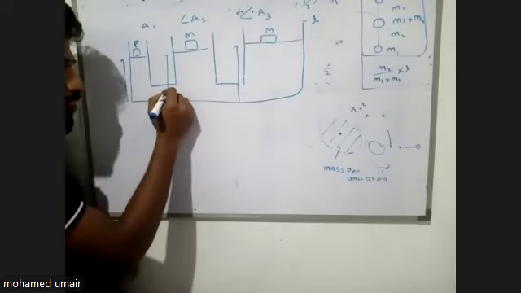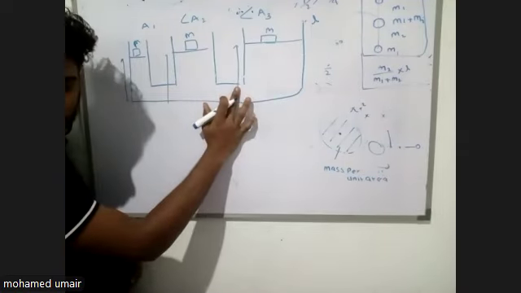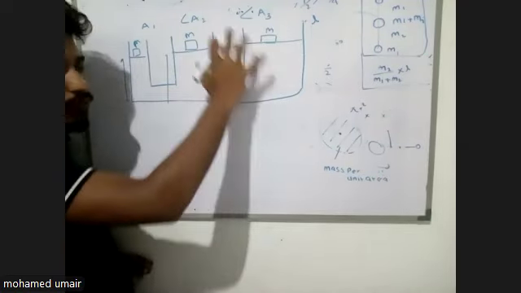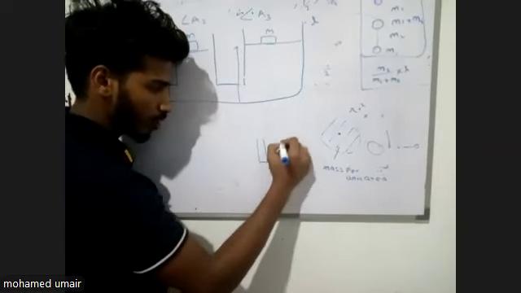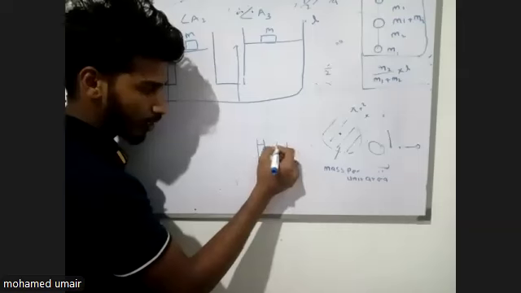So see here, I'm opening some valve which is placed here, and they ask me what will happen to this water level. So it's something like your Pascal's principle, where you are having a larger piston and a smaller piston.